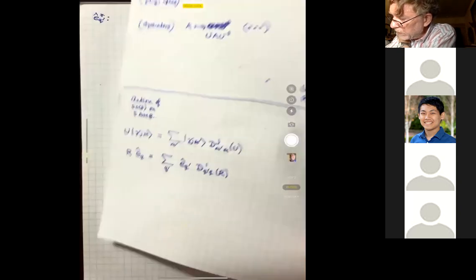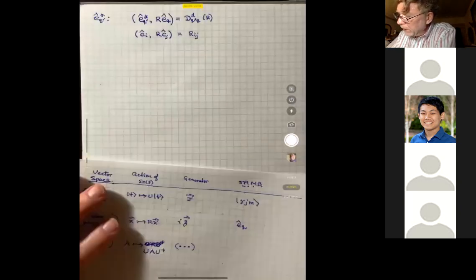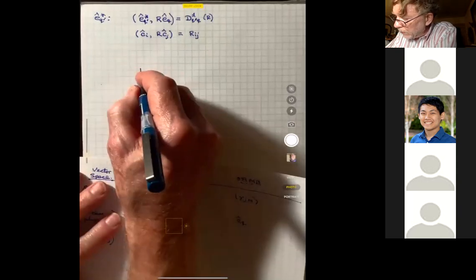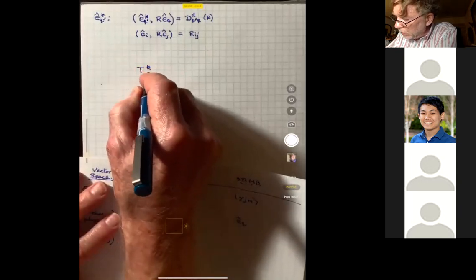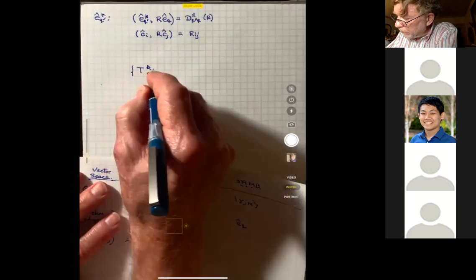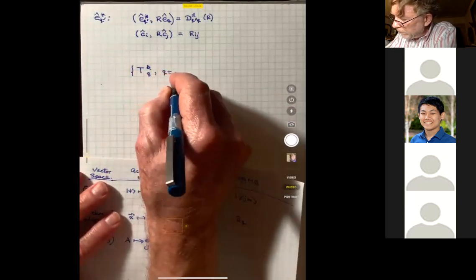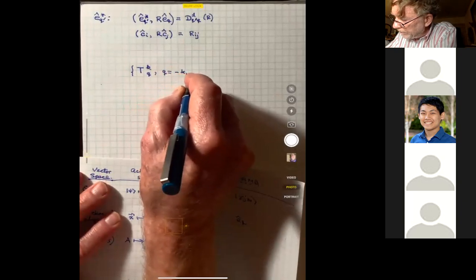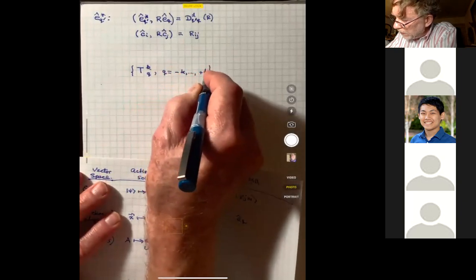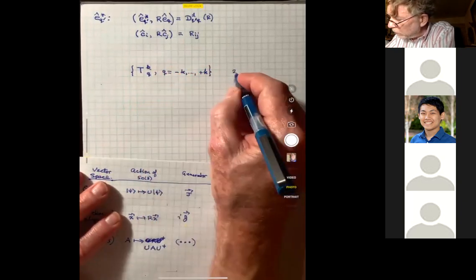The notation is this. As we talk about operators, I write T^K_Q. Actually, it's a collection of operators, T^K_Q, where q runs from minus K up to plus K. This is a collection of 2K plus 1 operators.